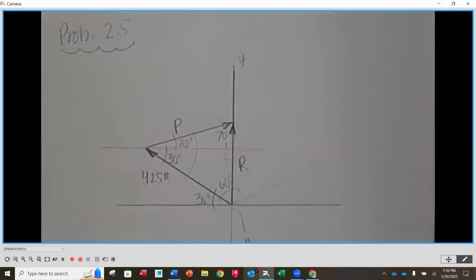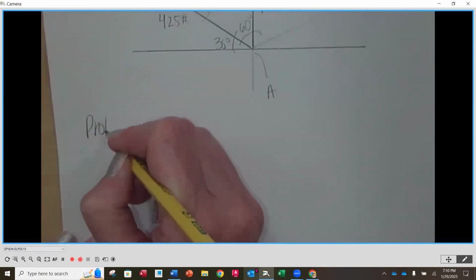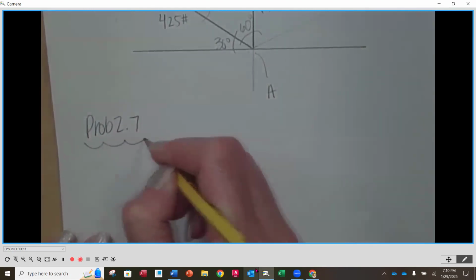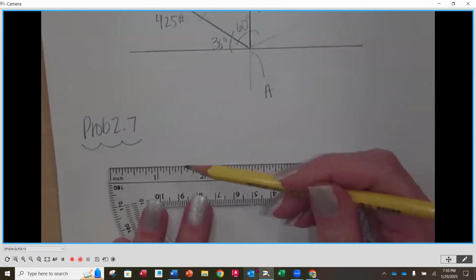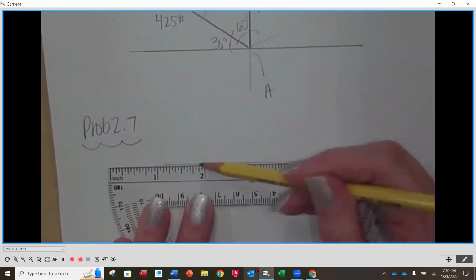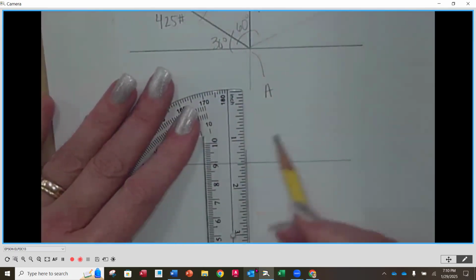So this is going to be 2.7. Okay, so problem 2.7. And this one, because our forces are going to be going down, I'm going to draw my horizontal this way and my vertical going straight down.